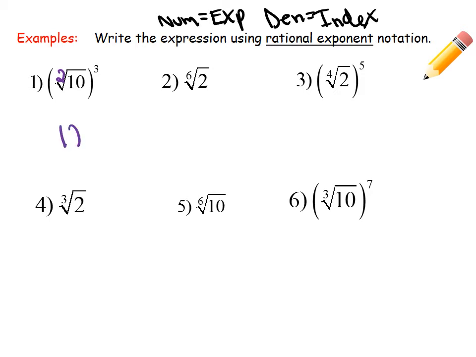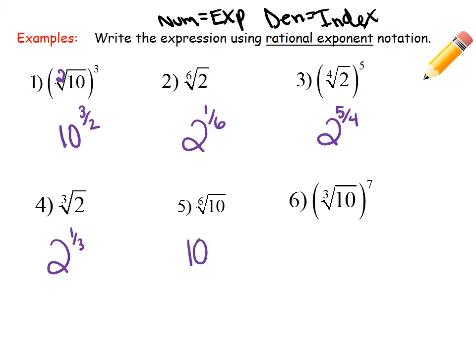So in this case, I have 10 to the 3/2. Index is my denominator, exponent is my numerator. Here I have 2 to the 1/6. Here I have 2 to the 5/4. Here I have 2 to the 1/3.